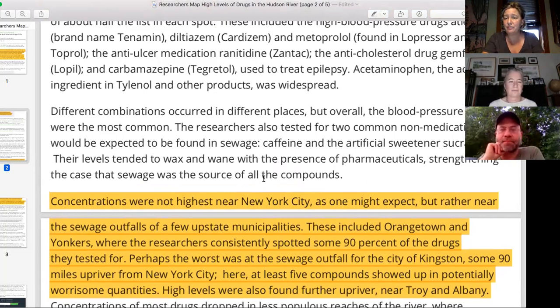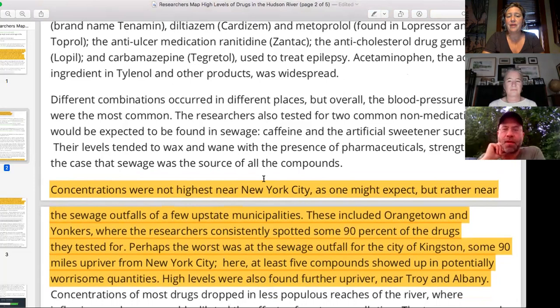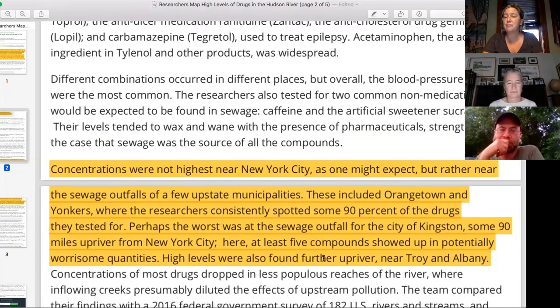So the Hasbrook outfall, right? Perhaps no, from the treatment plant. That would be not the overflow point at Hasbrook, but the treatment plant, which is just downstream. So perhaps the worst was at the sewage outfall for the city of Kingston, some 90 miles upriver from New York City. Here, at least 5 compounds showed up in potentially worrisome quantities. High levels were also found further upriver near Troy and Albany.